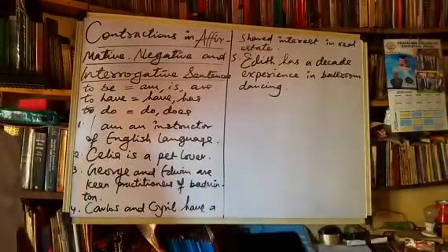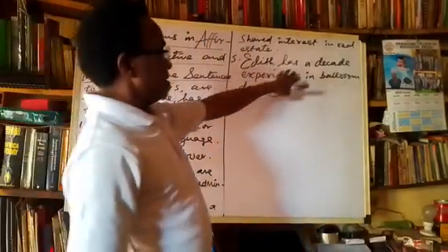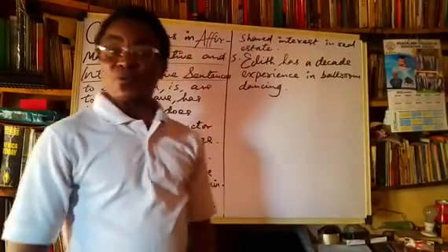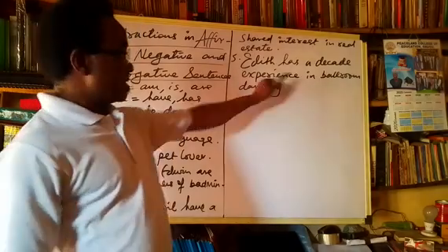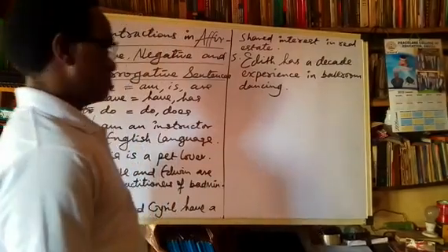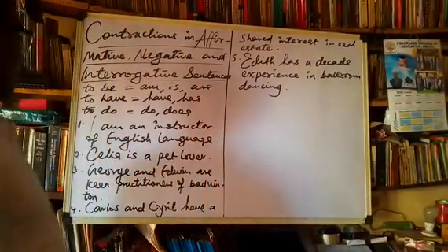Sentence 5 says, Edith has a decade experience in ballroom dancing. That is also an affirmative sentence.